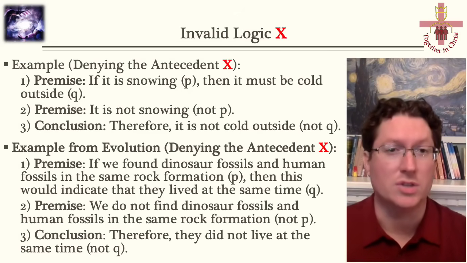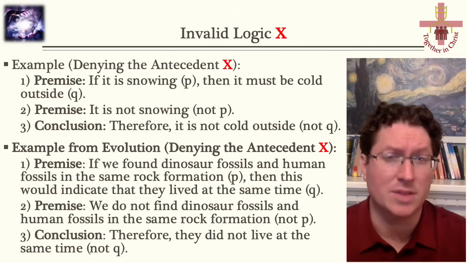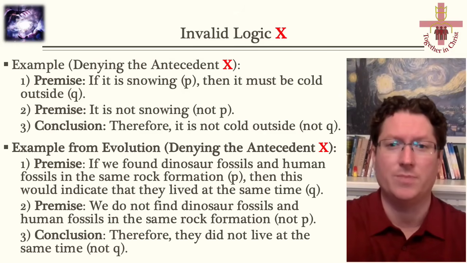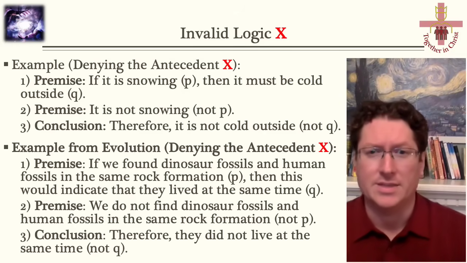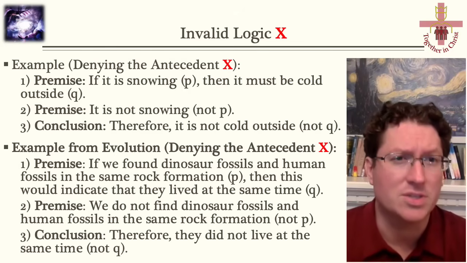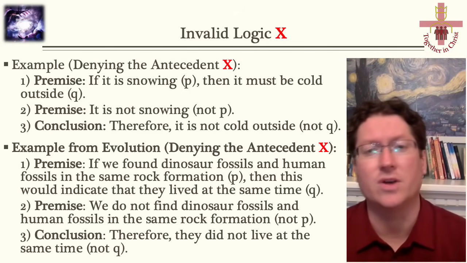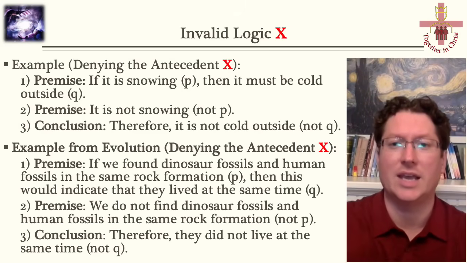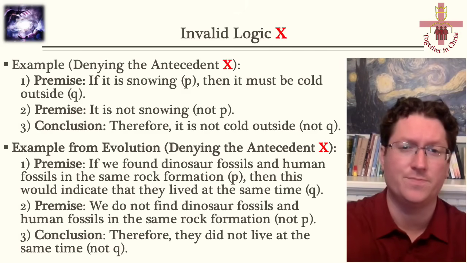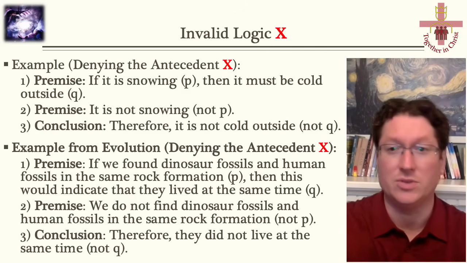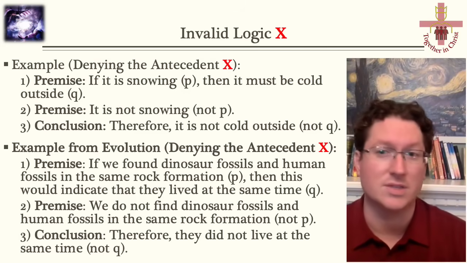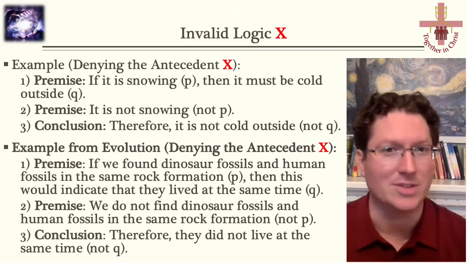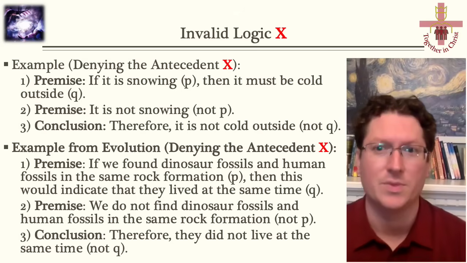So evolution, those who promote the myth, the lie of evolution, also engage in this kind of logical error. So an example of denying the antecedent is, the premise, as you see on the slide there: if we found dinosaur fossils and human fossils in the same rock formation, P, then this would indicate that they lived at the same time, Q. Second premise: we do not find dinosaur fossils and human fossils in the same rock formation, not P. Although I think there has been some evidence to that, but it's very uncommon if it occurs.